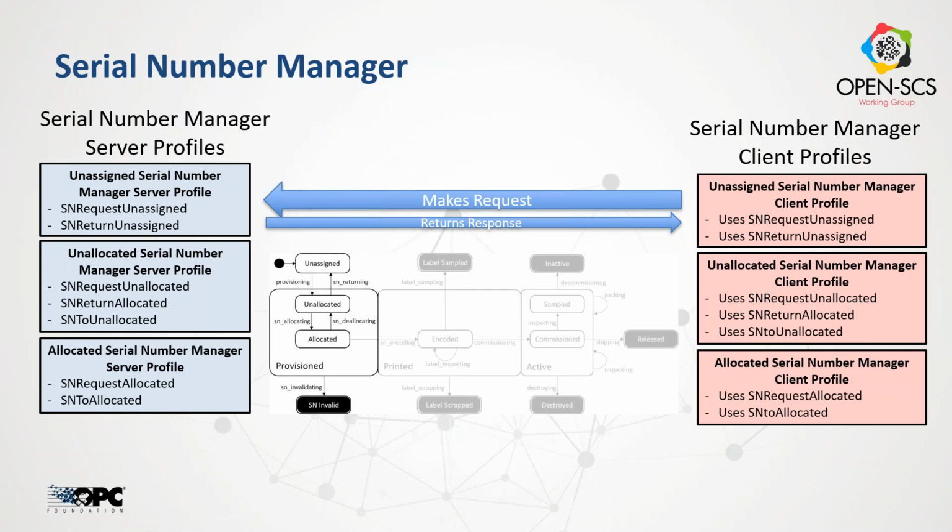So again, this is the case where maybe what I need to do is I have told you to make 10,000 of them, but you're only going to make 9,000 of them. So I'm going to do the return, the request allocated, the return unallocated, etc. So these are the profiles associated with managing the pool of serial numbers.